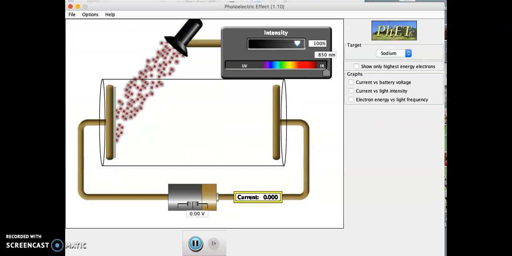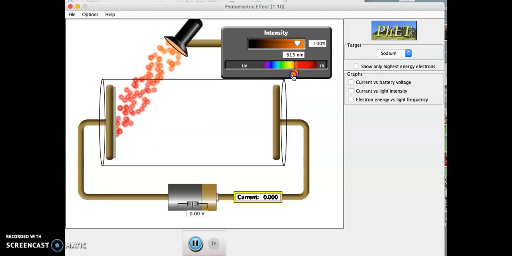So let's look at this simulation again. I've got the intensity all the way up, but no electrons are coming out. Well, that's because these long wavelength infrared photons just simply don't have enough energy to dislodge the electrons from the sodium metal during these collisions. So I'm just going to slowly shorten the wavelength, increase the energy going through ROY G. BIV, right?